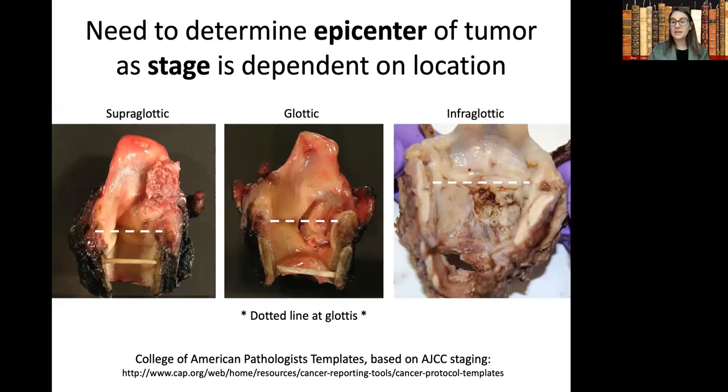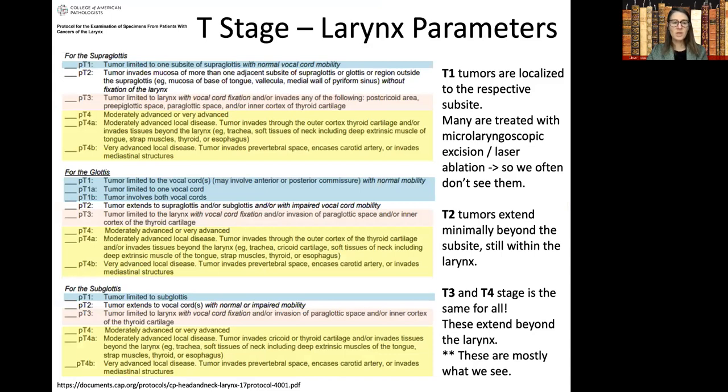They're of course based on the AJCC staging. We are currently in the 8th edition of the AJCC stage, and the CAP templates reflect those. So the larynx, as you can see here, is separated into the supraglottis, the glottis, and the subglottis. For all of those sites, T1 tumors are essentially localized to that respective subsite.